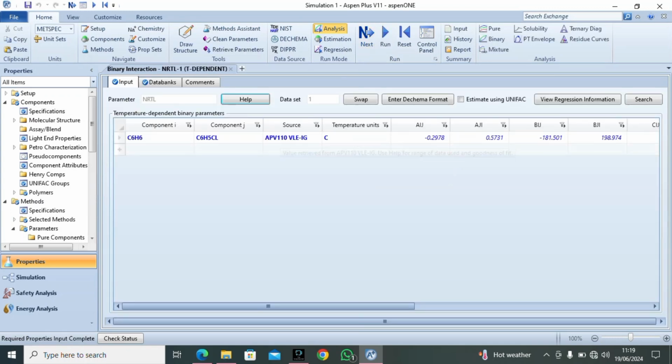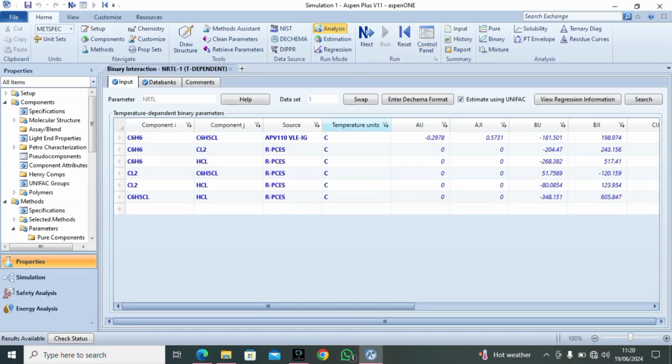Binary interactions are not available between these components, so we find binary interactions by clicking on estimate using the UNIFAC method and clicking on run. Now binary interactions between these components are available.